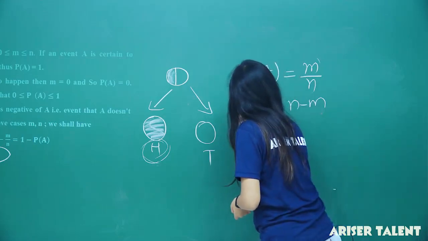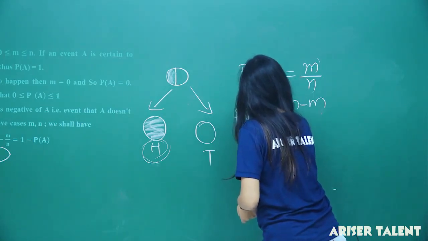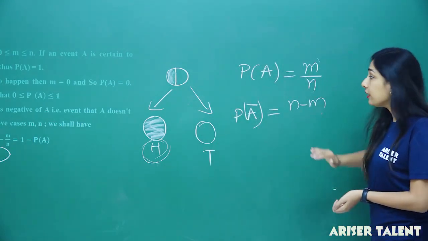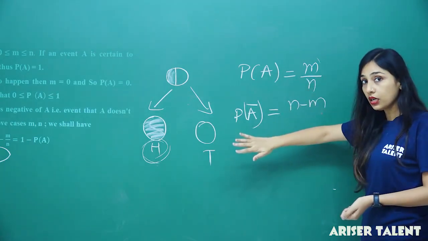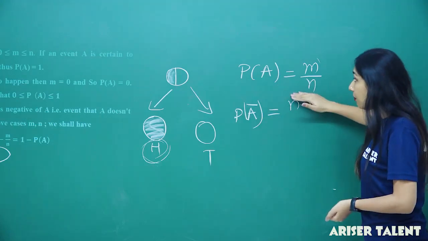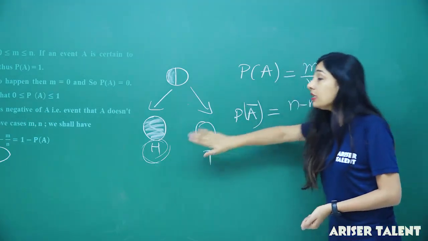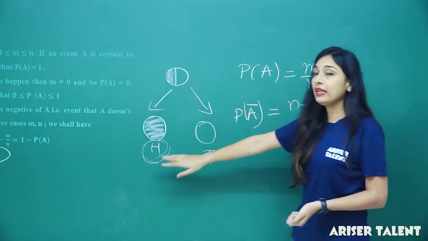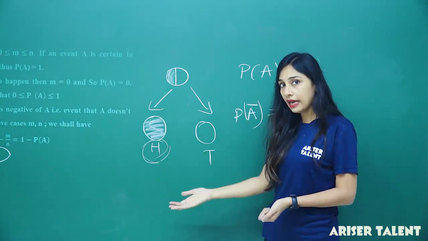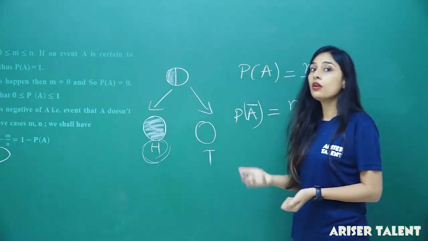That means P(A bar). I am telling you that head. If I'm talking about the head only, then the probability of having head is m by n, where m is the number of times head occurs. So how many times does head not occur?